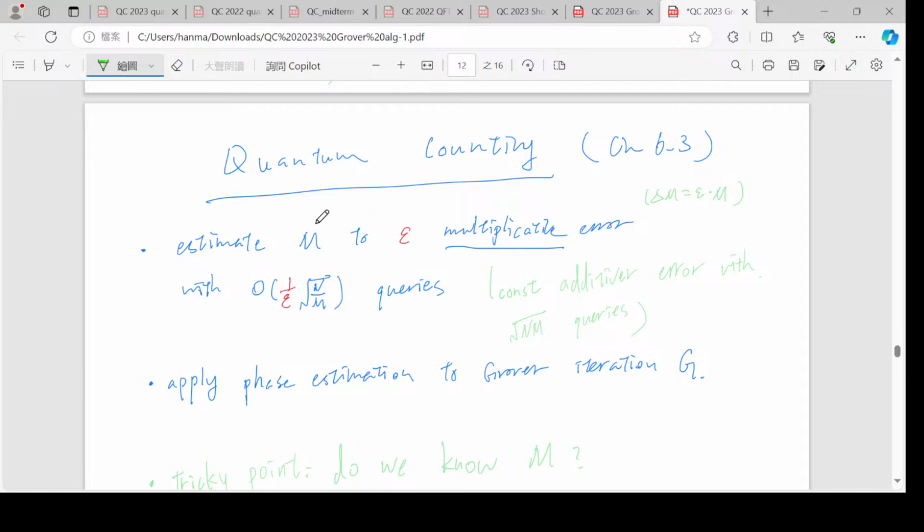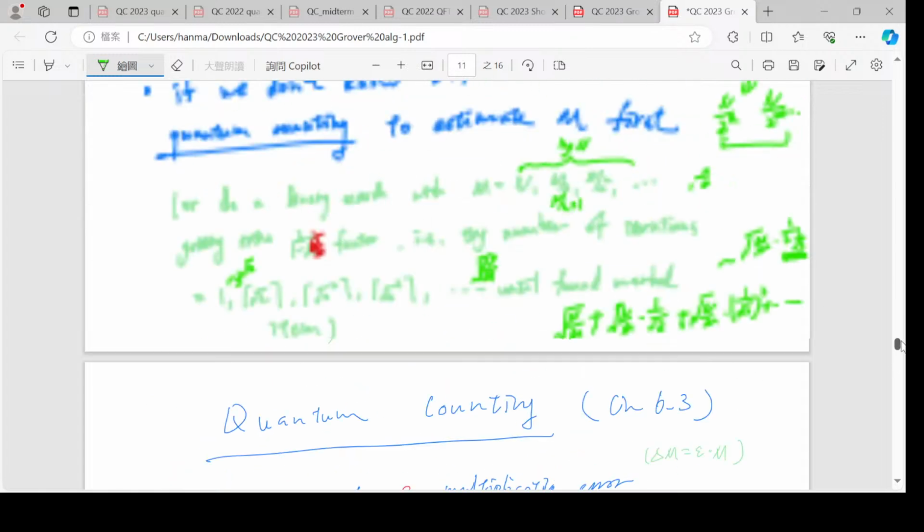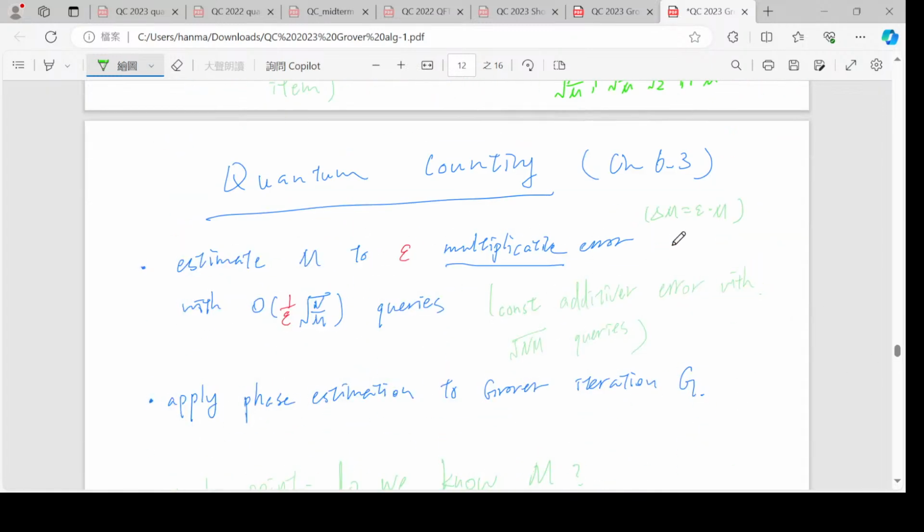So now it's different. The input is the same. You have f of x with n-bit input, from n-bit strings to 0, 1, and it has some marked items.